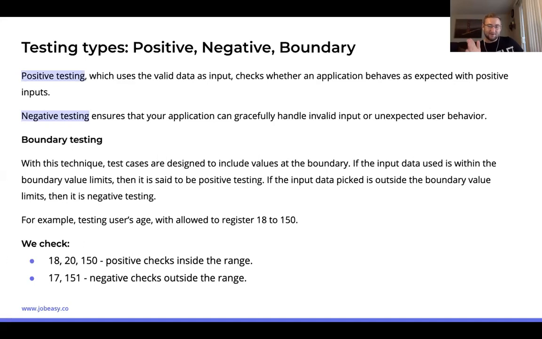But because it's on the boundary of what the application should allow and what it should not allow, this is called boundary testing. Another example of boundary testing, we can try and upload 11 images and see what happens. According to our specifications, Instagram should not allow a user to upload 11 images. So boundary testing is when we test the boundaries.